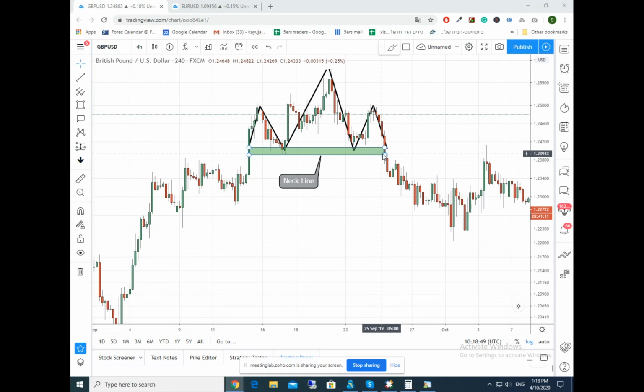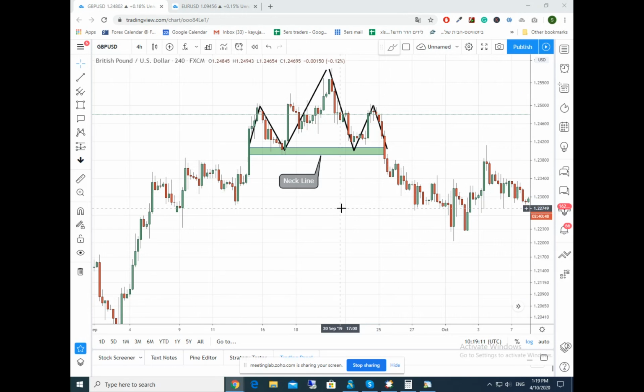It happened here at this moment. Once the price breaks out of this neckline after the uptrend, we can say that the price is now in a bearish momentum, and the momentum has switched.